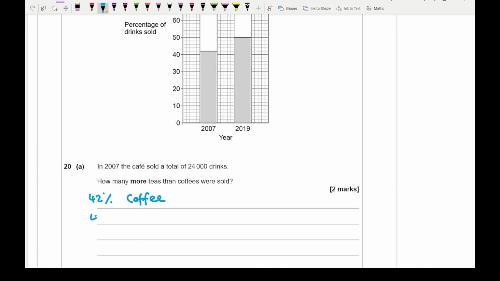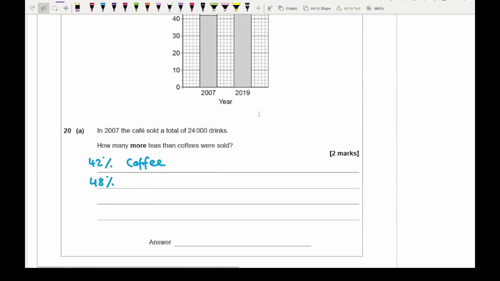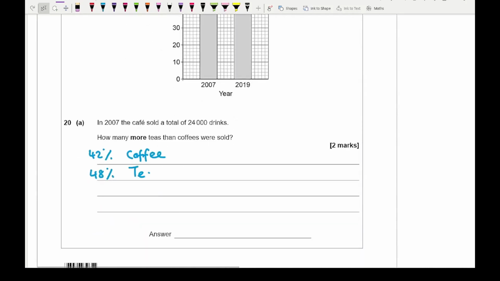So we've got 48% were teas. Let me just double check, yep, were tea. So what we then need to do is work out what 42% of 24,000 is, and we then need to work out what 48% of 24,000 is as well.